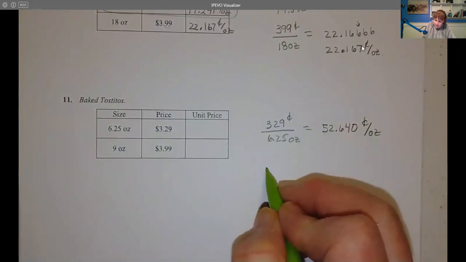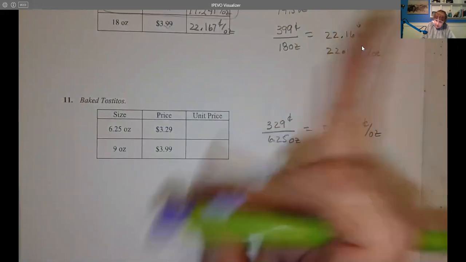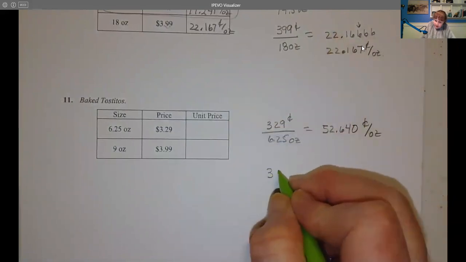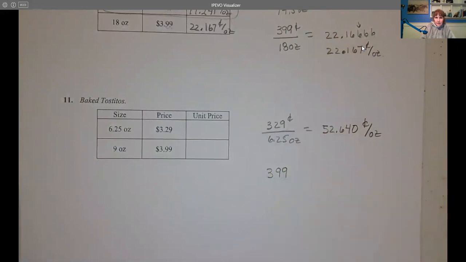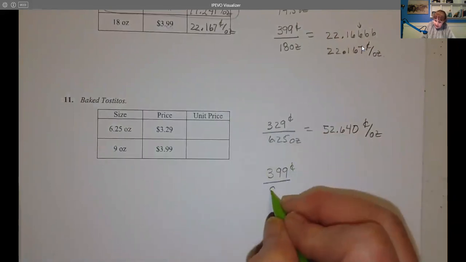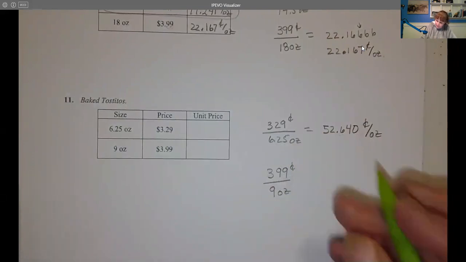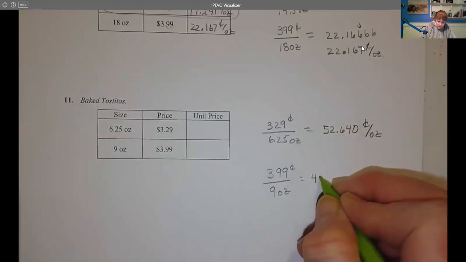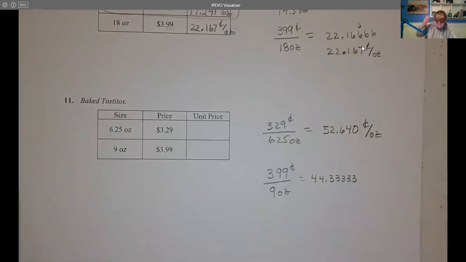It's $3 for the Tostitos. It's, oh, interesting. $3.99 or 399 pennies. Always move it to the right twice to make it pennies, divided by 9 ounces. So 399 divided by 9. We have 44.33333.